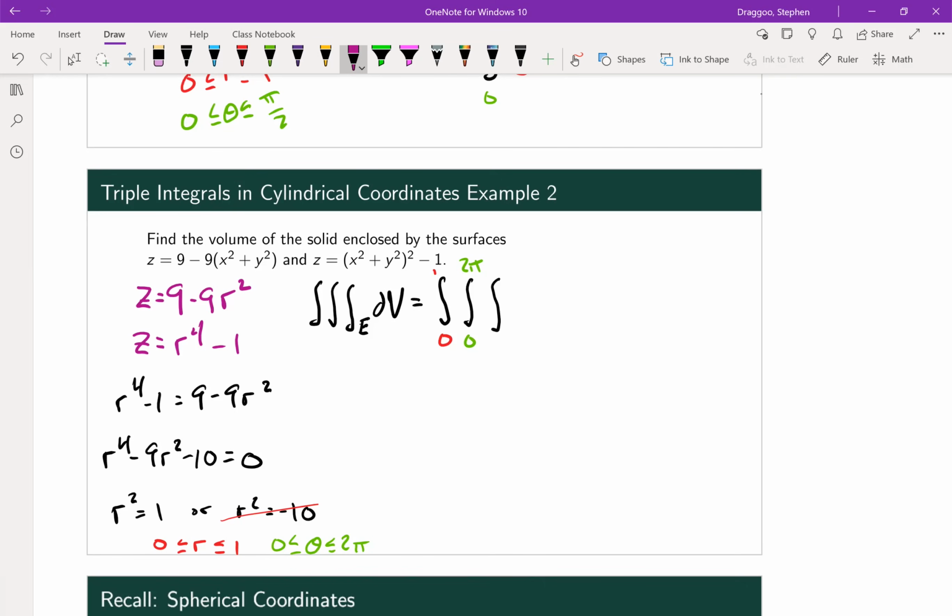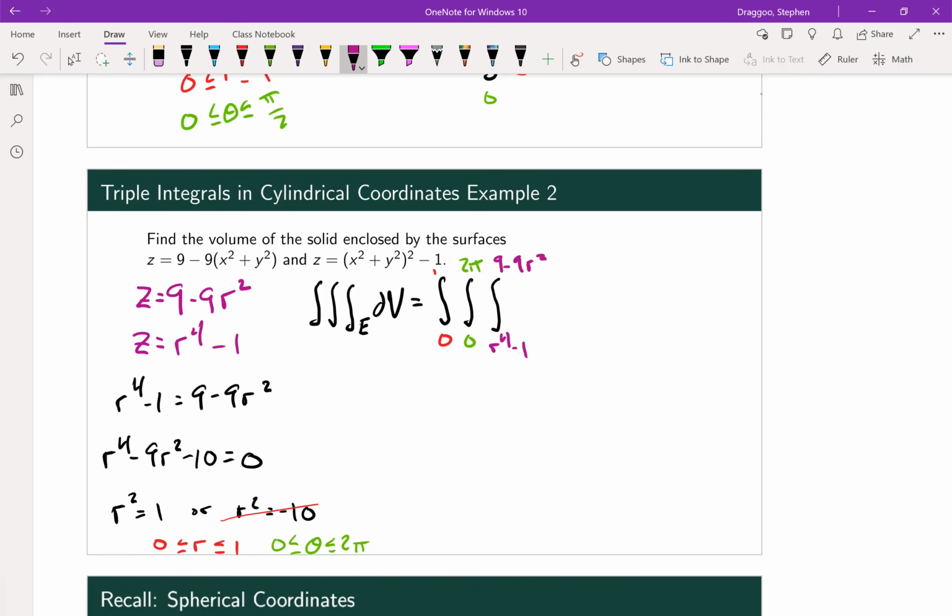So that starts high and then goes down, versus z equals r to the fourth minus 1, which is going to start down at negative 1, but then open up since that r to the fourth is positive. So starting high and opening down versus starting low but opening up means that 9 minus 9r squared is our top function, and r to the fourth minus 1 is our bottom function.